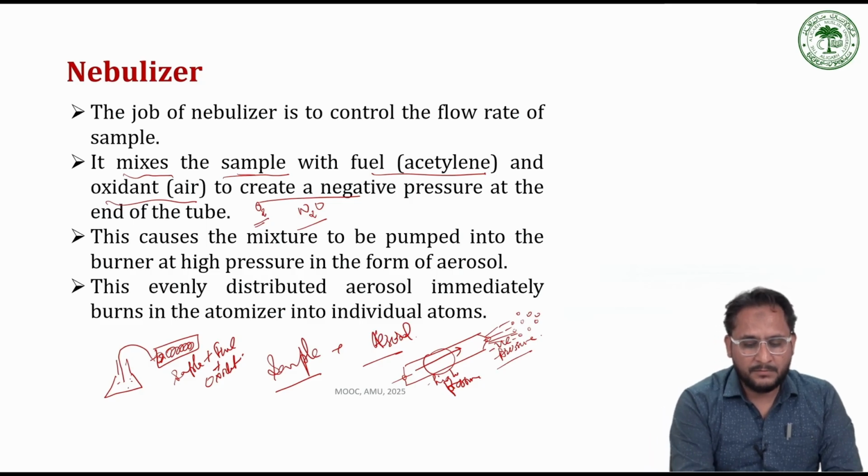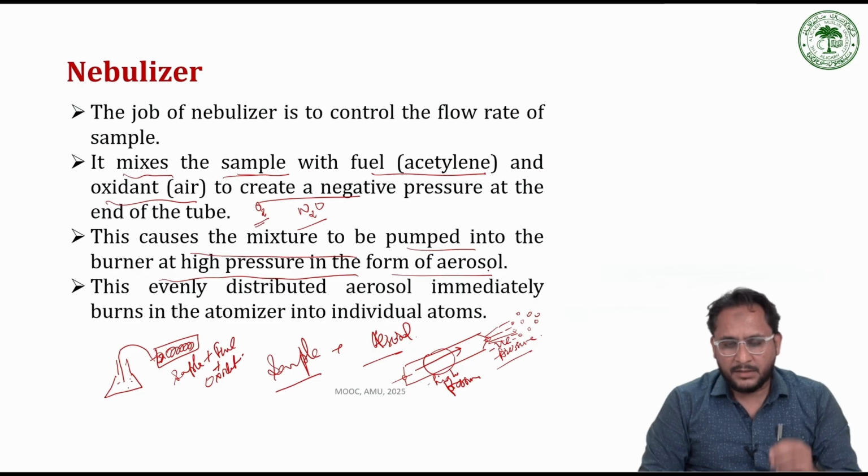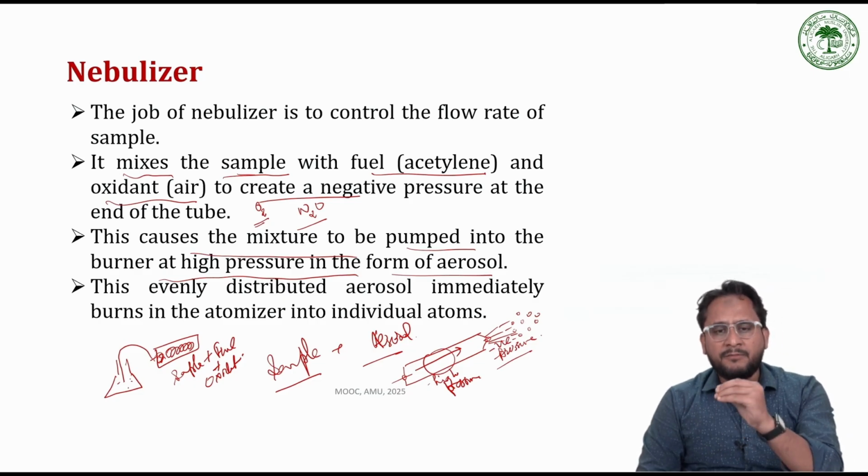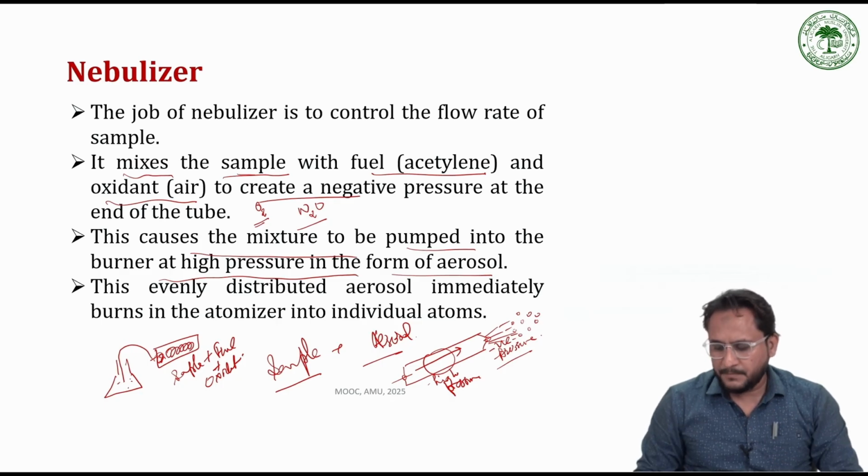So this causes the mixture to be pumped, and this aerosol is then pumped into the burner at high pressure, and this evenly distributed aerosol is immediately burnt, effectively converting that sample into individual atoms.